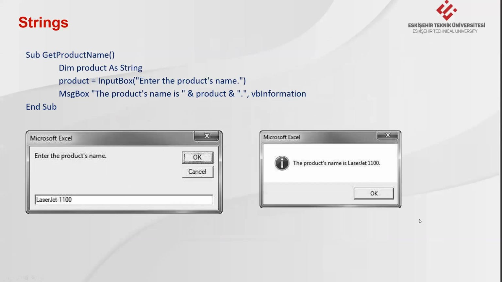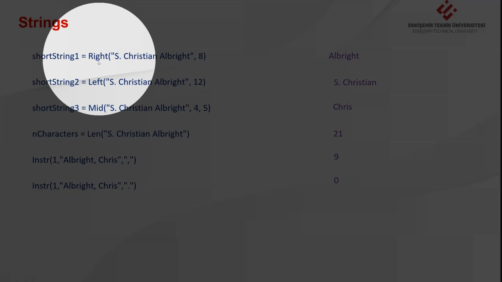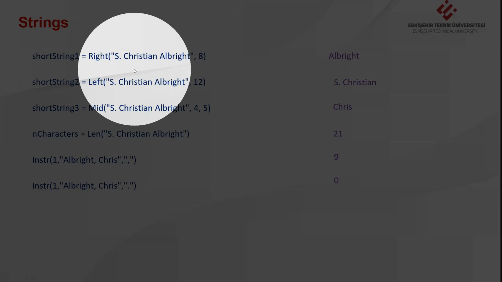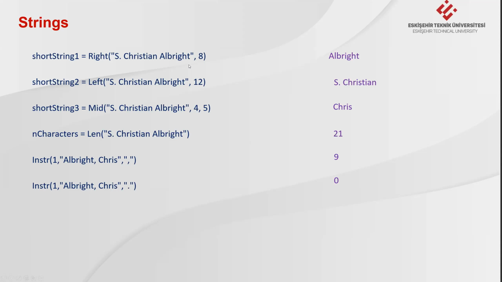Right. So we have seen this example. We have other useful string functions as well. These are Right, Left, Mid, and Len. As you see here, the Right function returns some number of rightmost characters of the string.